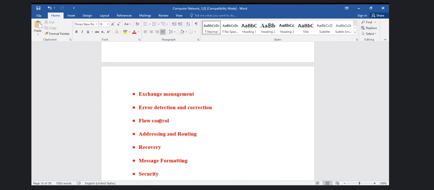So there has to be a message format so that both sender and receiver are able to understand the information. This falls under message formatting.